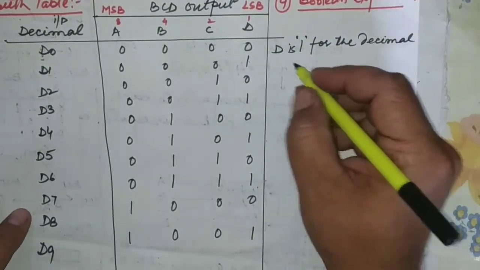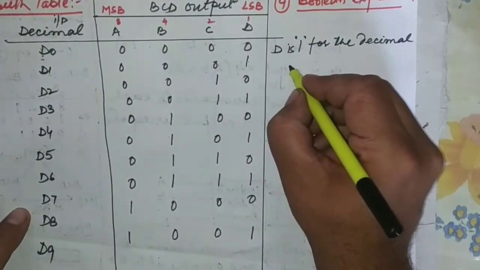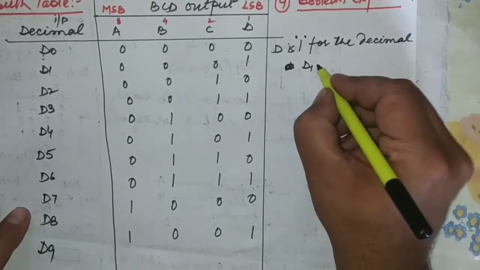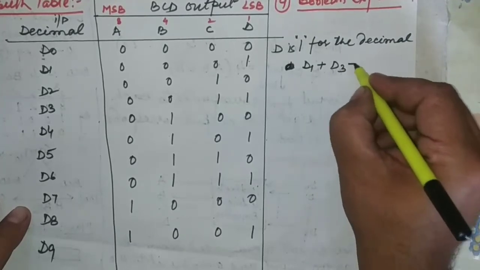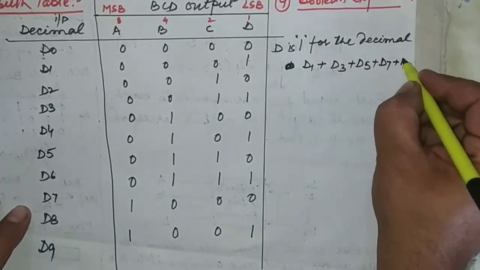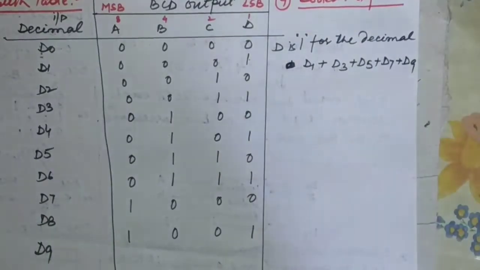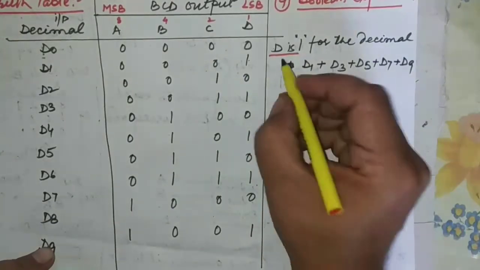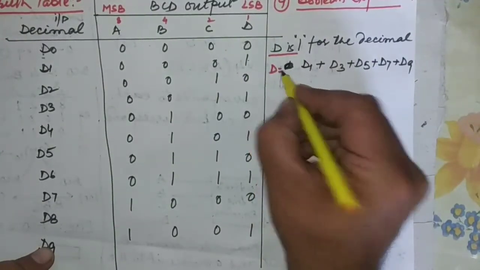So this is equal to D1 plus D3 plus D5 plus D7 plus D9. This is for D.